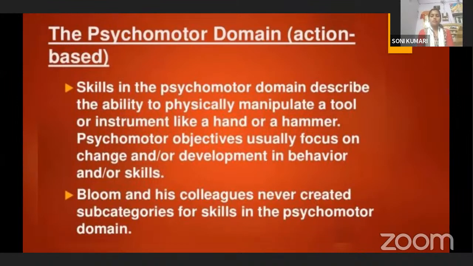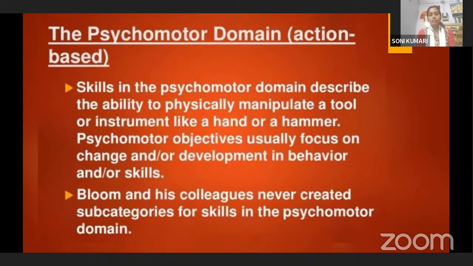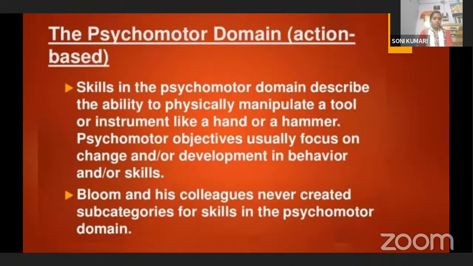Psychomotor objectives usually focus on change and development of behavior and skills. Bloom and his colleagues never created subcategories for skills in the psychomotor domain. That means psychomotor domains are used to develop the physical level of the student.